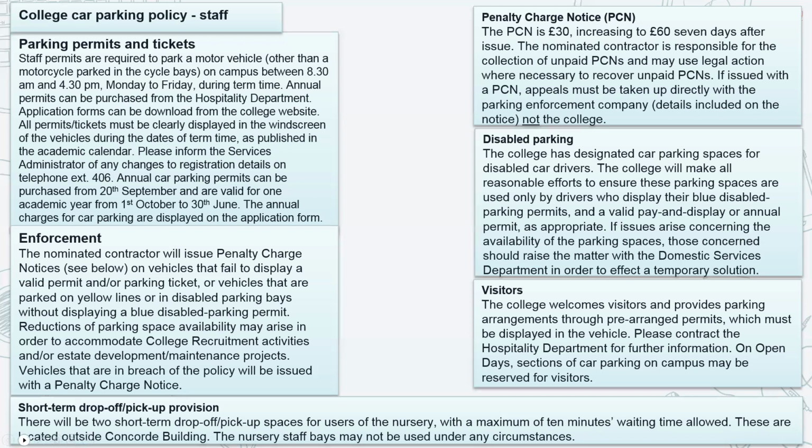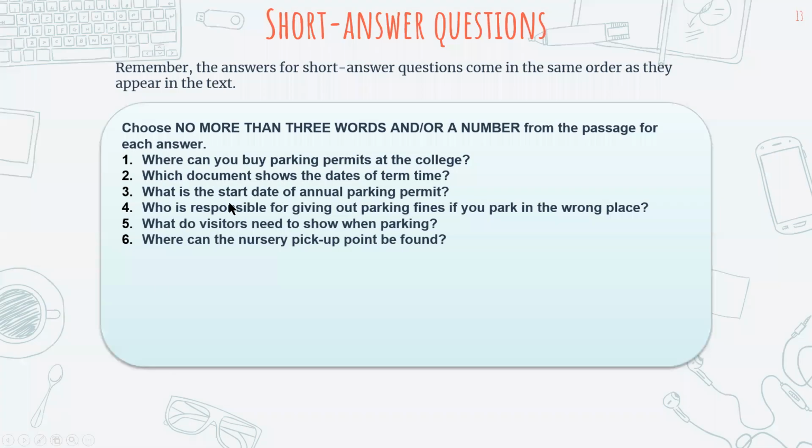Now let's first underline the keywords, the most important words in the first question. Where can you buy parking permits at the college? I would underline parking permits. I don't think that "at the college" will be a keyword because all this is happening at the college.